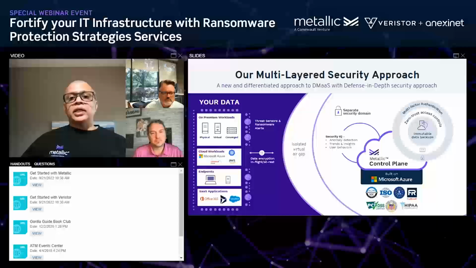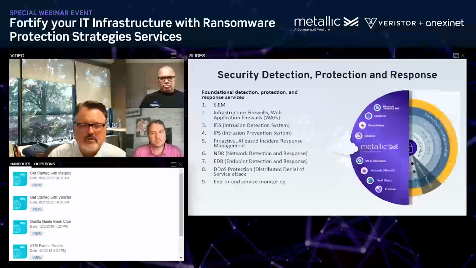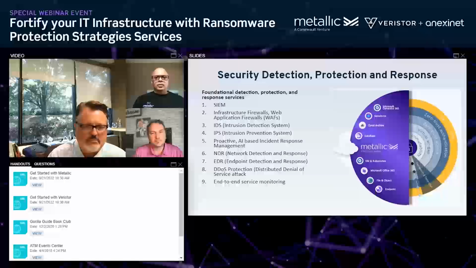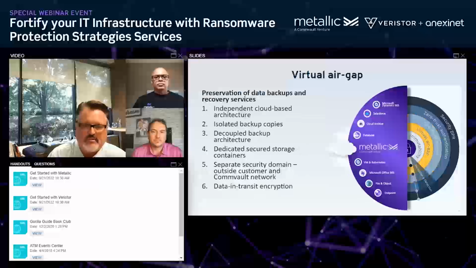So you will still get all of the same data efficiency capabilities that you would with Commvault. Yeah. So this is some of the layered approach that you talked about: the security, detection and response, all of the things. So you're going to have a world-class security environment on top of that application.